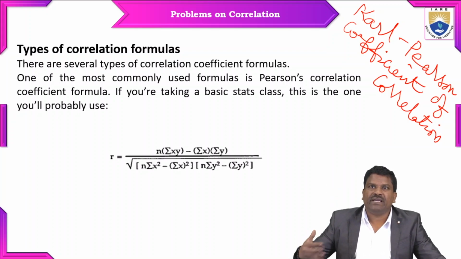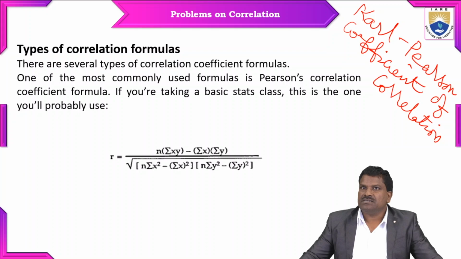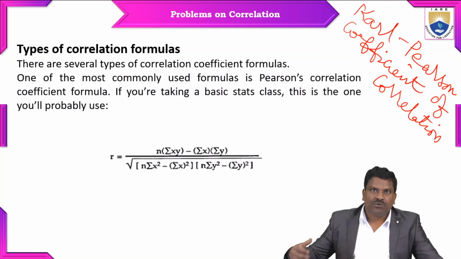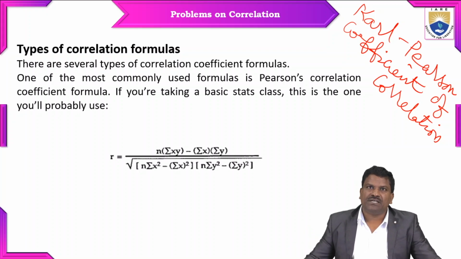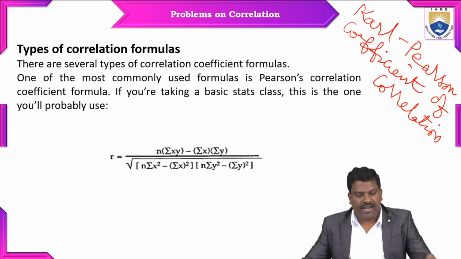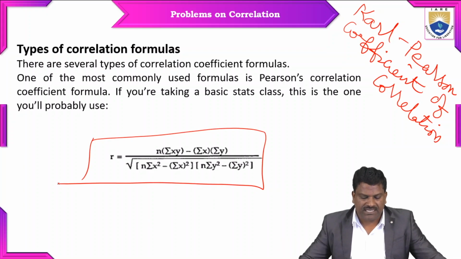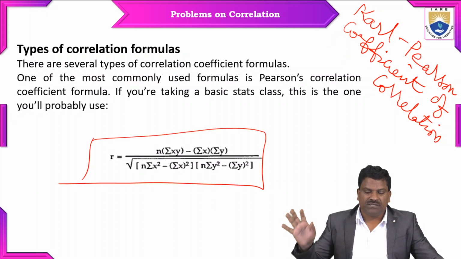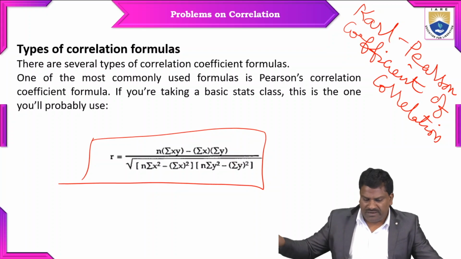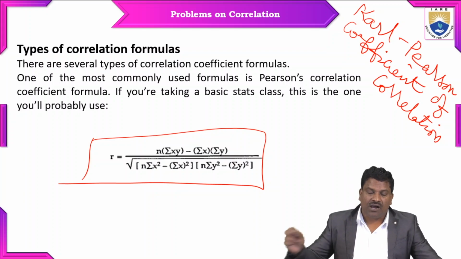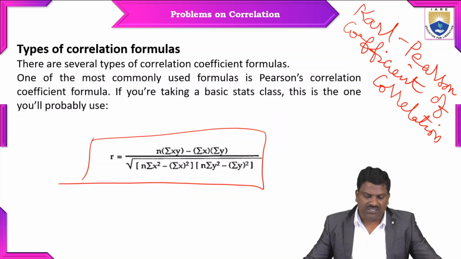If you are taking a basic stats class, that is the one you probably use. This is the standardized formula: r equals N times sigma xy minus sigma x times sigma y, whole divided by the square root of N times sigma x square minus sigma x whole square, times N times sigma y square minus sigma y whole square.